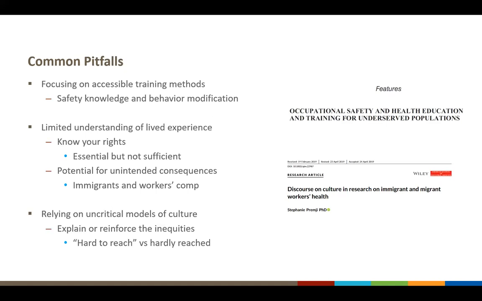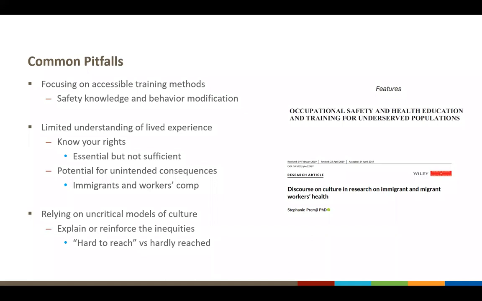And unfortunately, much of the content remains focused on increasing the safety knowledge of individual workers and behavior modification, and less on structural changes. And part of that makes sense because structural changes are much harder to wrap your head around and create interventions around. But that's something to keep in mind, right?